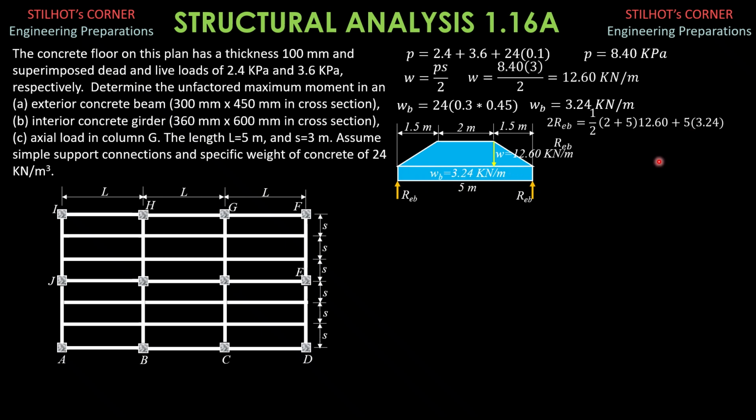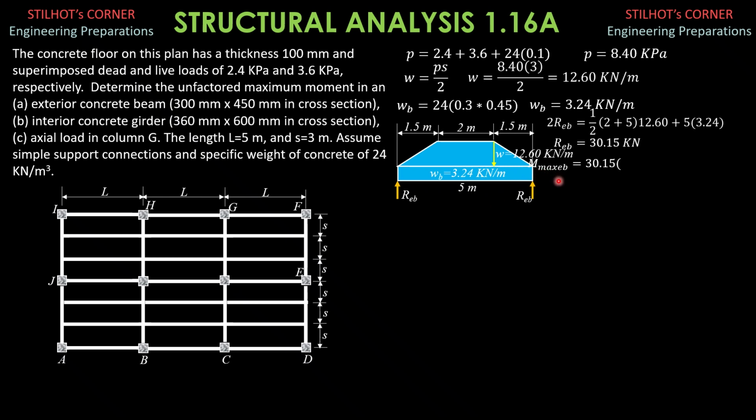So REB, the reaction at the end of the exterior beam, is 30.15 kilonewtons. From here, we can now compute the maximum moment, which is at the center.